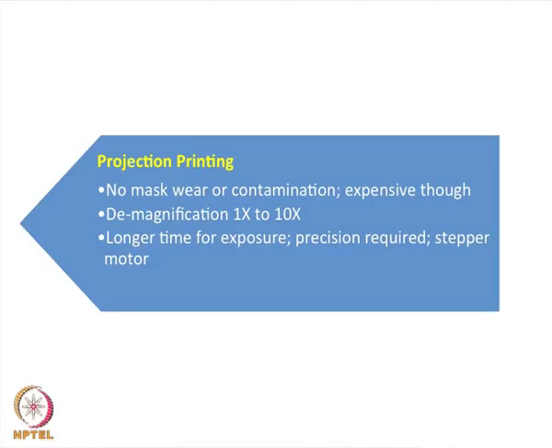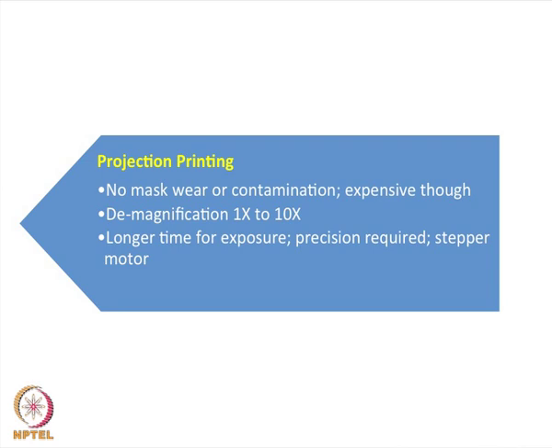So, these are two ends, contact and proximity printing, each has its own advantages. And the third one is the projection printing, where the gap between the substrate and the mask is fairly large, and you are going to do the imaging by using demagnification or projection.